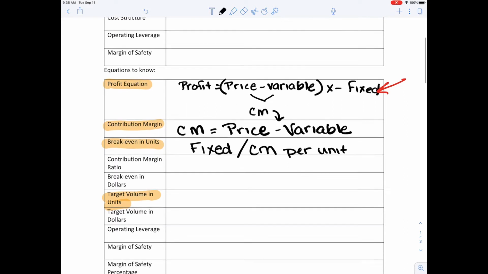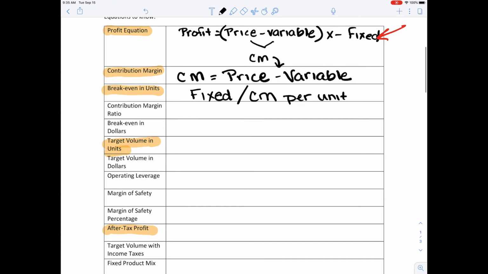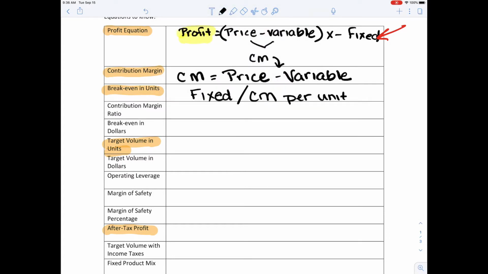Some other things that we want to consider is most likely we don't want to break even. We want to make some money. So we're going to use these same equations, but we're going to add to our fixed costs. And again, you can look at this as putting a number into this profit piece here, or you can just add that to your fixed cost.